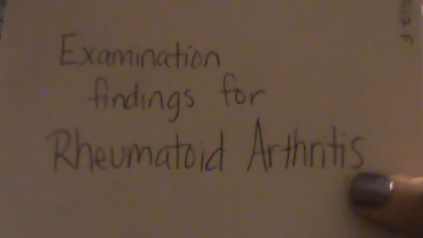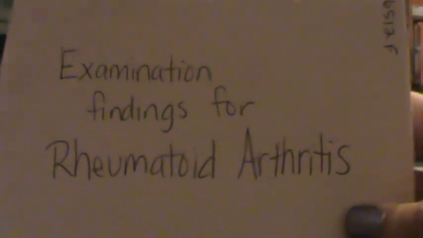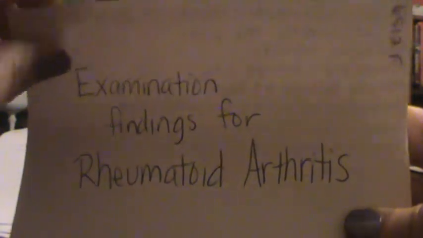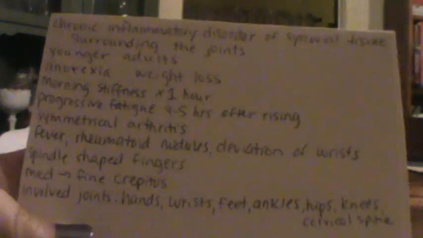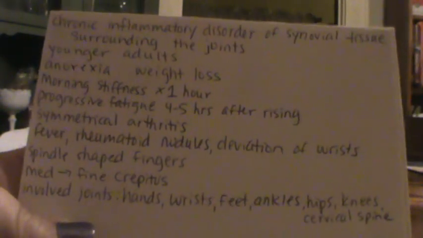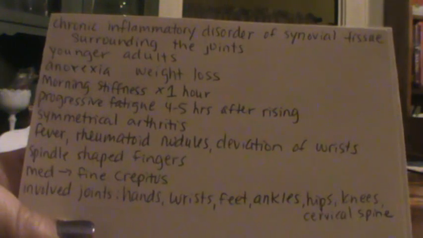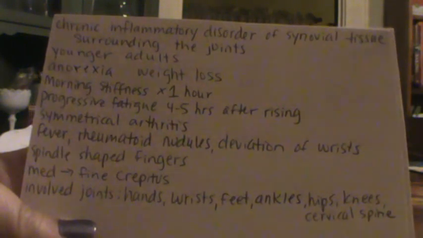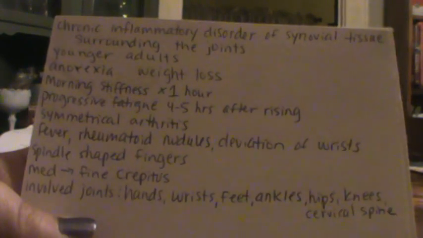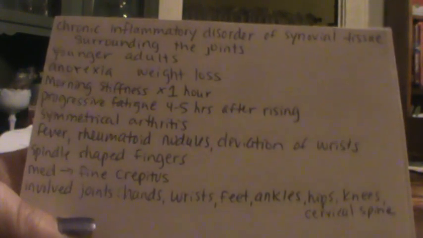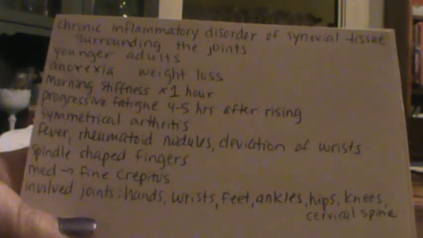What examination findings are you going to have for a patient with rheumatoid arthritis? This patient's going to have chronic inflammatory disorder of the synovial tissue surrounding the joints. That's the definition of the disease. They're going to be younger adults. They can have anorexia or weight loss.